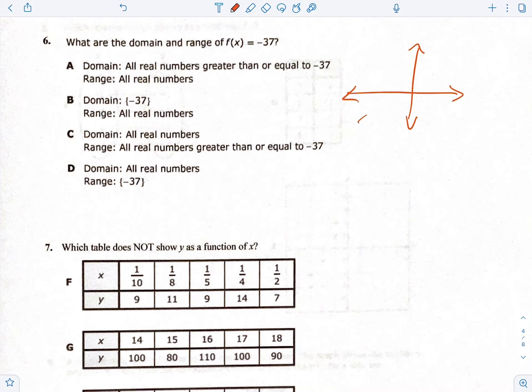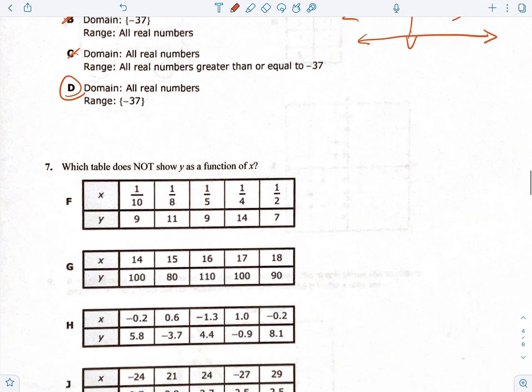What we saw was that the y stays negative 37, so the range has to be negative 37, which rules out actually all of these answers. And the domain is all real numbers, because for every value of x, y is negative 37.